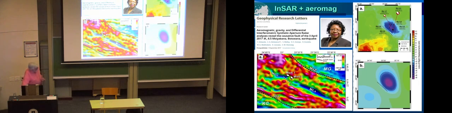Estella is a geophysicist originally from Cameroon. Until recently, she was head of the Boone Pickens School of Geology at Oklahoma State University. So she's now gone. She is now Dean of the College of Earth, Ocean and Environmental Studies at the University of Delaware.